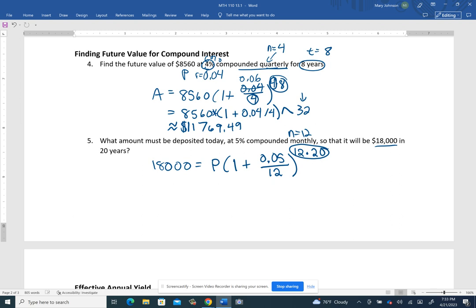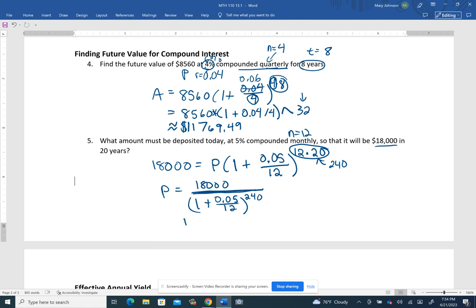So I could divide both sides, couldn't I, by the 1 plus 0.05 divided by 12 raised to the 240. This would equal 240. I could do that. 18,000 divided by all of this. And if you're having trouble with this, you could figure out what this is in the denominator. Just don't round too much. Keep a lot of accuracy and then take the 18,000 divided by it.